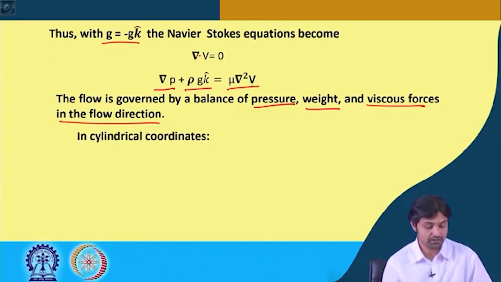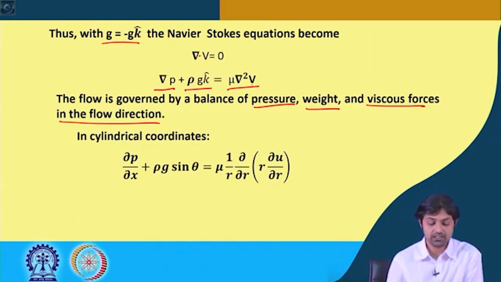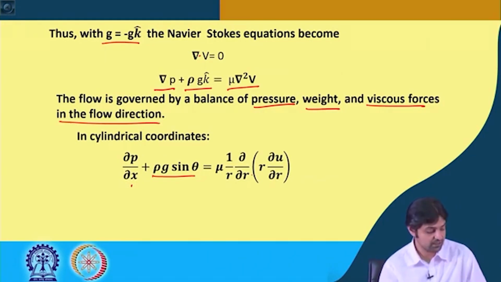In cylindrical coordinates, we can simply write del p by del x plus rho g sin theta, whereas mu in the radial direction is 1 by r del by del r of r del u by del r.